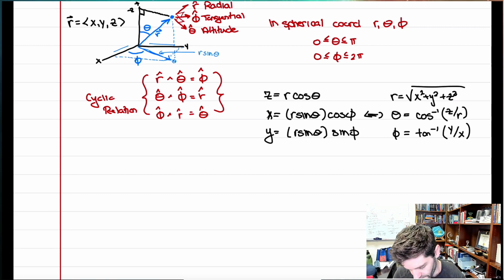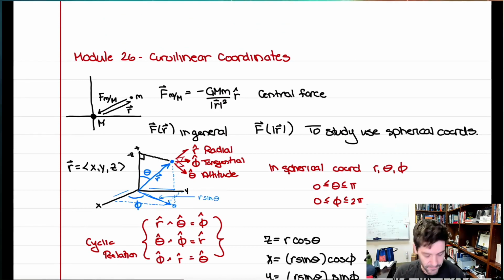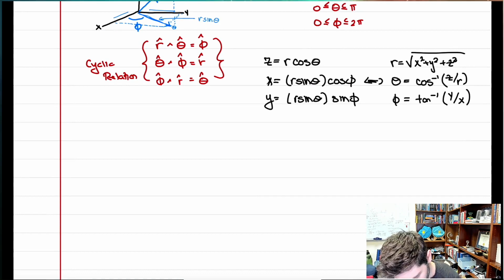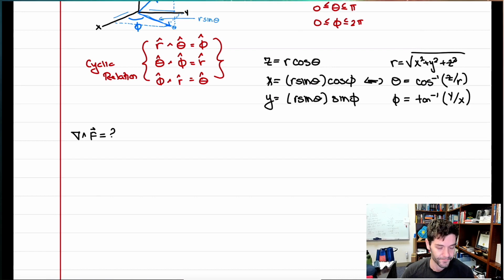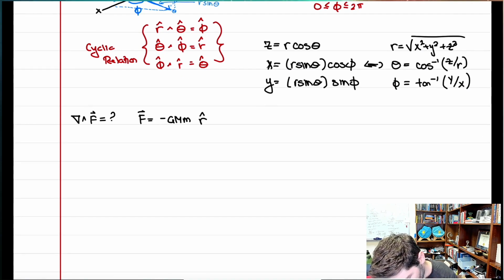This means, however, to get back to the ultimate question that we were trying to figure out, is this a conservative force? Remember, to ask ourselves if something is a conservative force, I need to evaluate the curl of that force and ask, is it equal to 0? To do this in Cartesian coordinates would be very challenging, because F in Cartesian coordinates is negative G big M little m over r squared, and then this whole thing in the bottom is x squared plus y squared plus z squared.